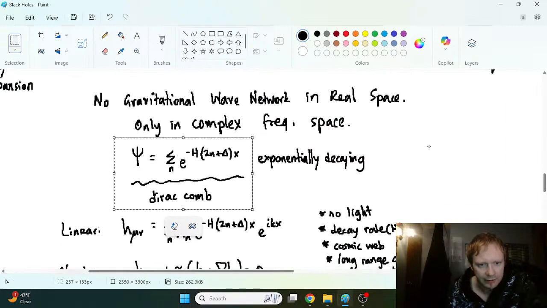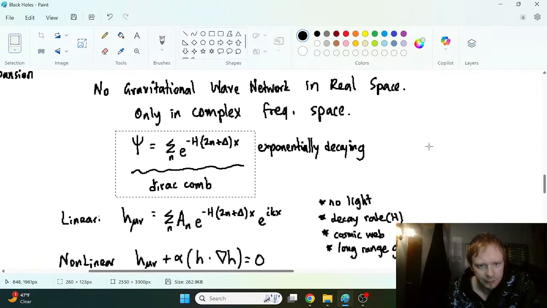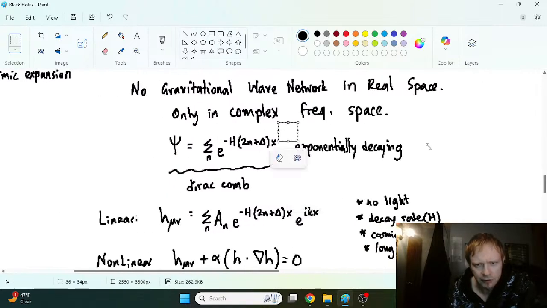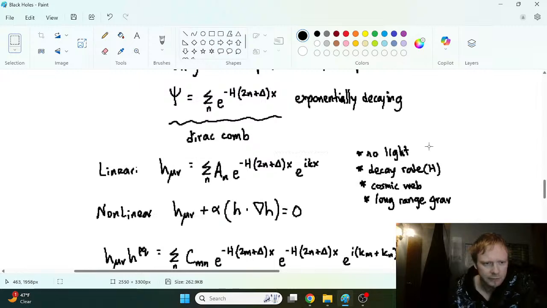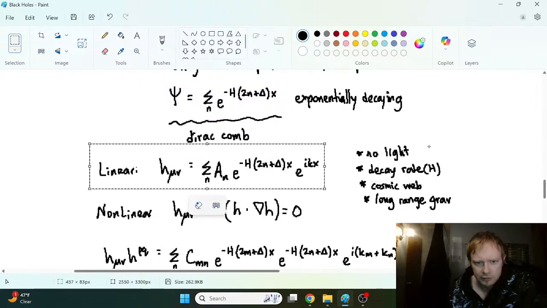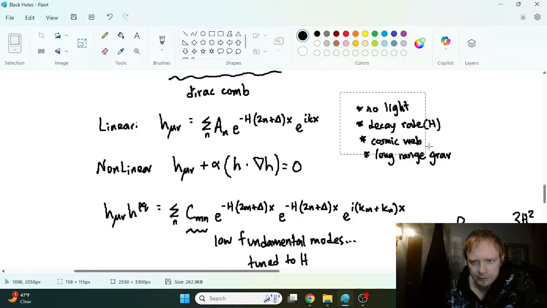If we wanted to now add up all these waves, we're creating sort of a diffraction grating. They're all exponentially decaying. And let's realize that we've so far been looking at a linear situation, just to simplify the math up to this point.